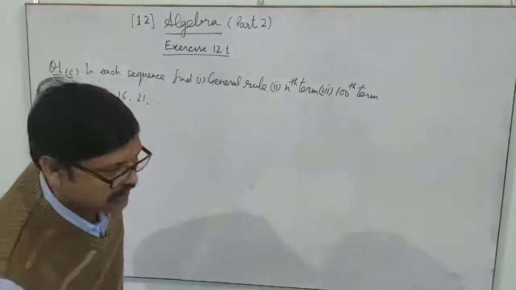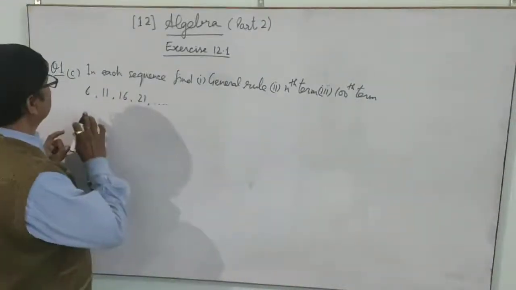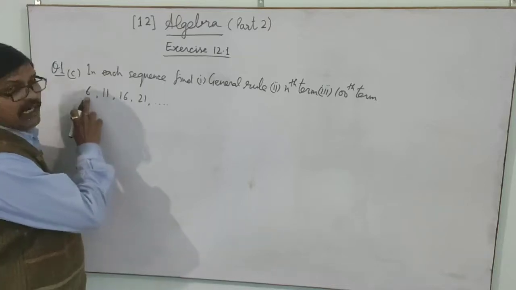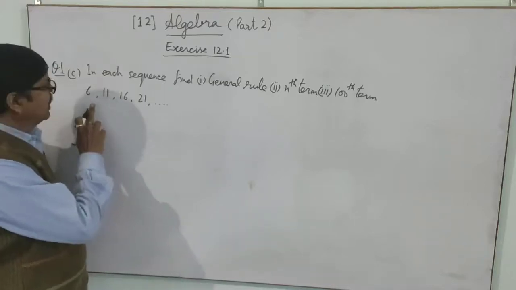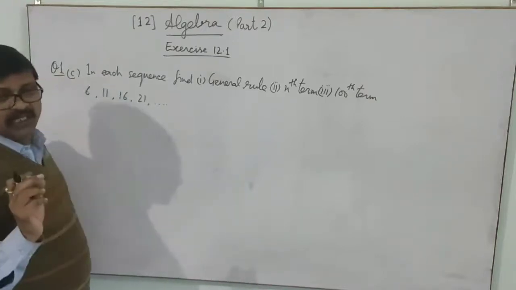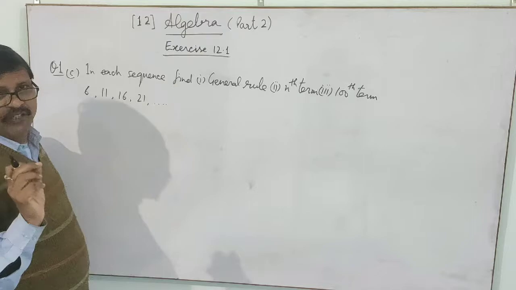You can see that each term is obtained by multiplying by 5 and adding 1. The first term, if we multiply 5 into 1 plus 1, is equal to 6.